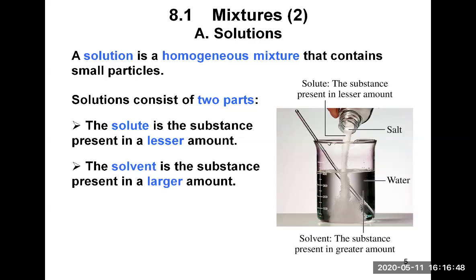And then the solvent is the substance present in larger amount. And when you have a solution made of water and a little bit of salt, water will be the solvent. So this is vocabulary that is important to learn. Solute and solvent make up the two essential parts of a solution.